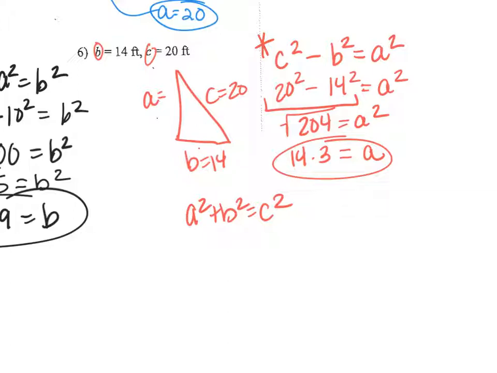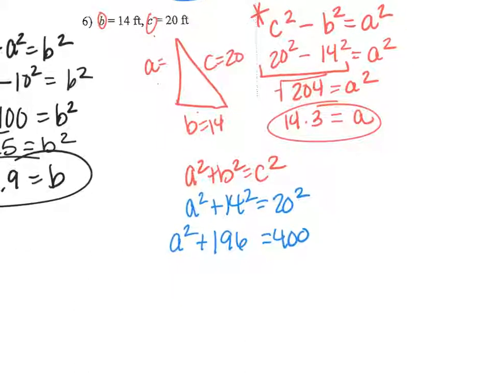Okay, because you're going to end up subtracting anyway. But if you did it this way, that's totally fine. A squared plus 14 squared equals 20 squared. Okay, that's totally fine if you do that. 400, 14 squared, 196. Okay, and see what I mean?